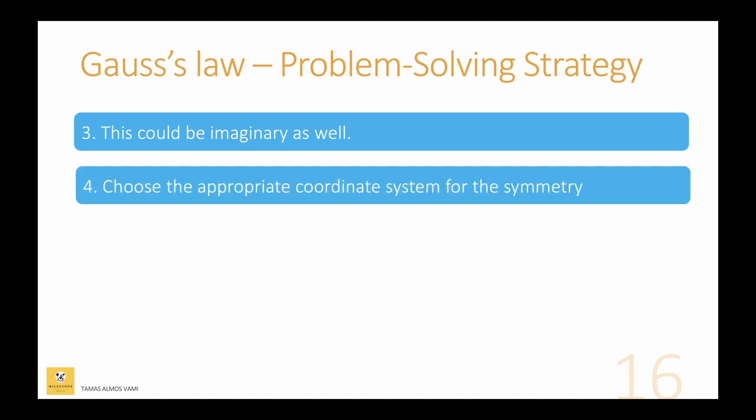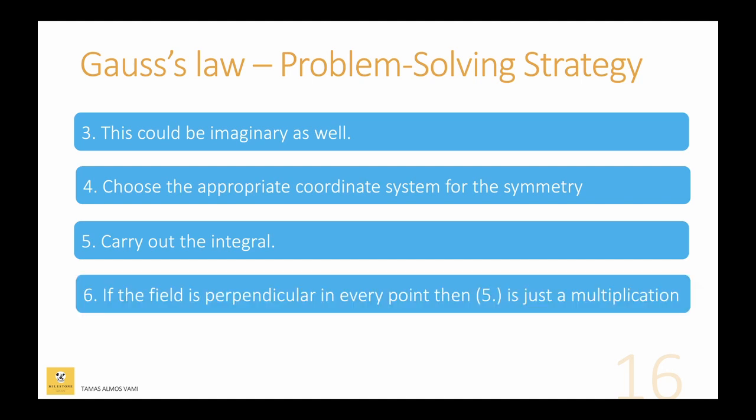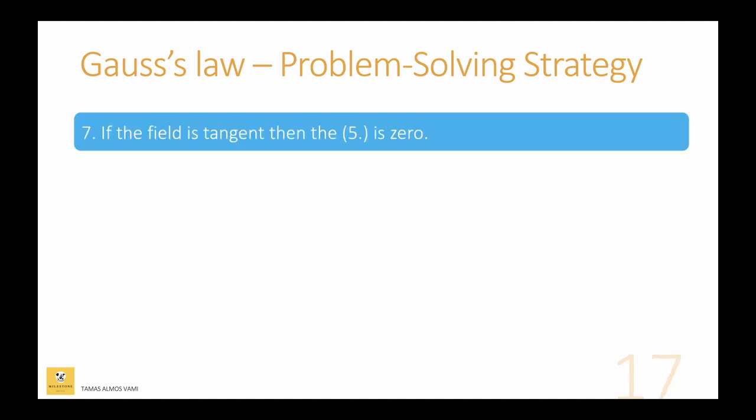As I mentioned, after you identify the symmetry, you choose to work in the coordinate system for that symmetry. Then we carry out the integral for this surface, and if the field is perpendicular at the point, then the dot product is just a multiplication, not really an integral, so that's a special case that we use.